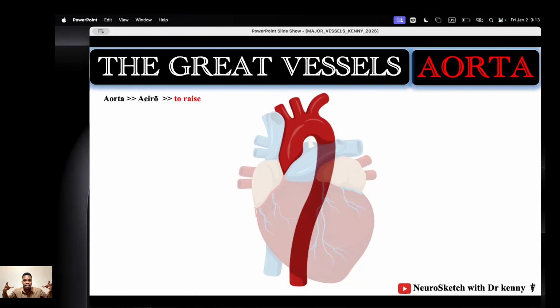Aorta is the biggest artery. Why does it give this impression of rising? Because it's the only biggest artery carrying blood from the heart into the rest of the body. So it arises from the heart and supplies the rest of the body.